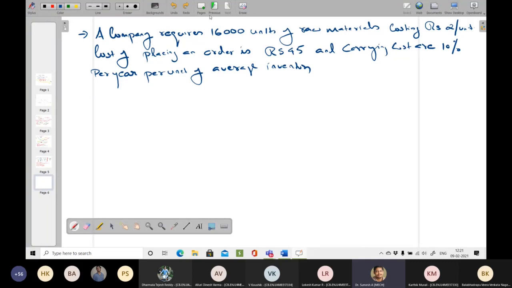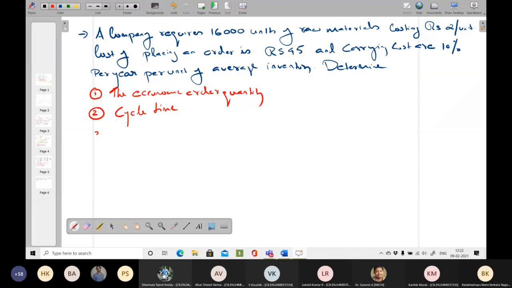Determine first, the economic order quantity. Second, cycle time.